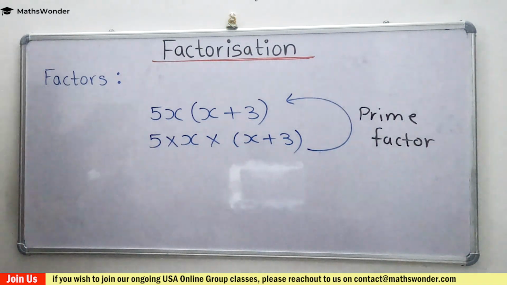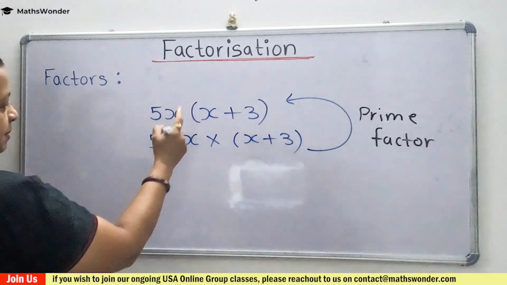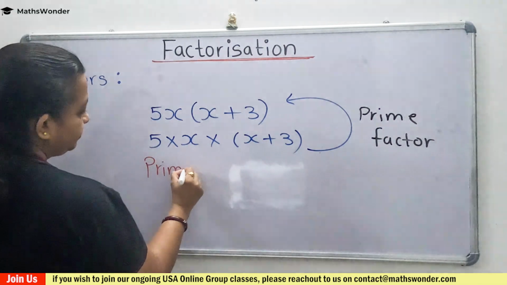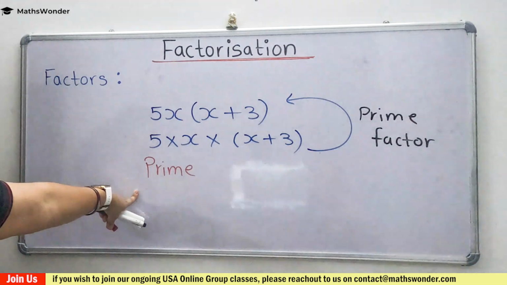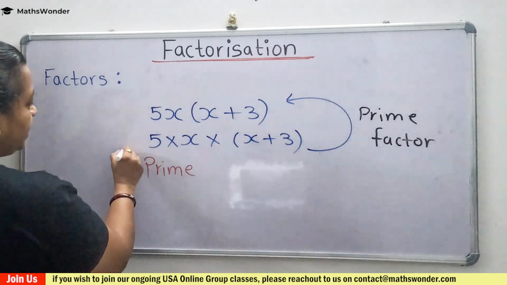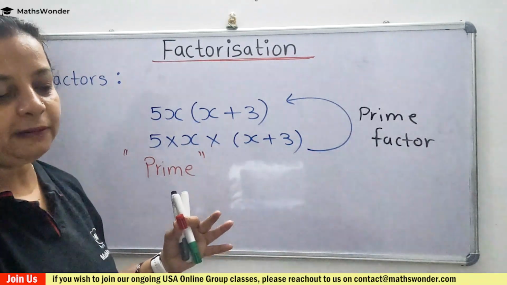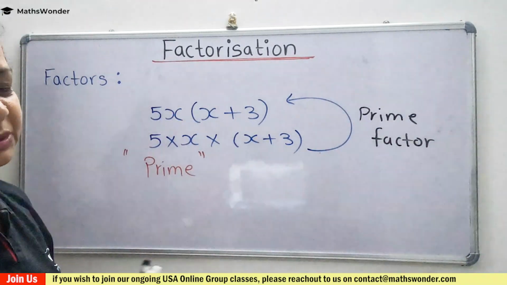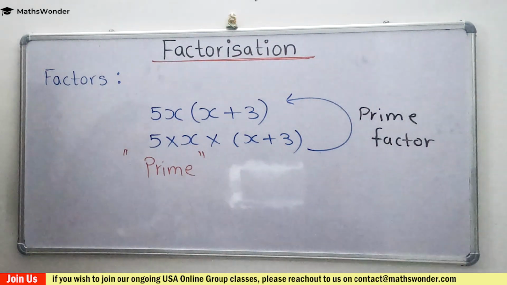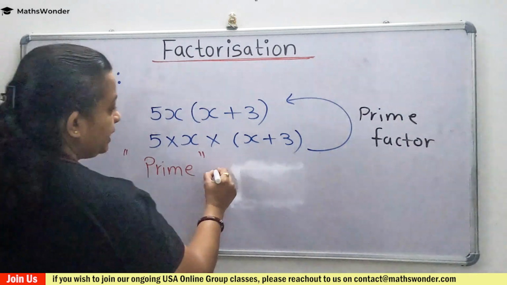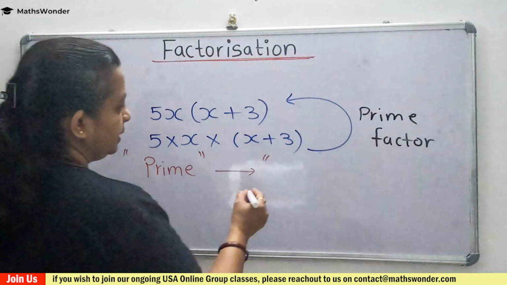In algebraic expressions, the word prime is replaced by the word irreducible. We have given the name prime factors and prime numbers for natural numbers, but in higher grades, in algebraic expressions, this word prime is replaced by irreducible.